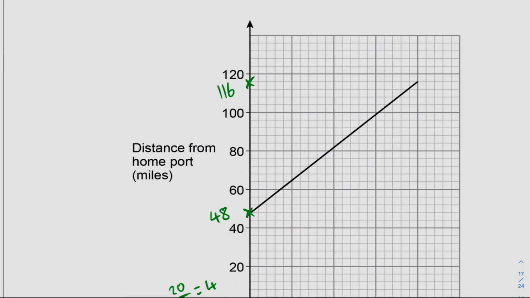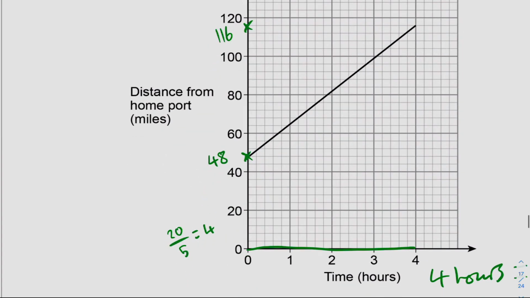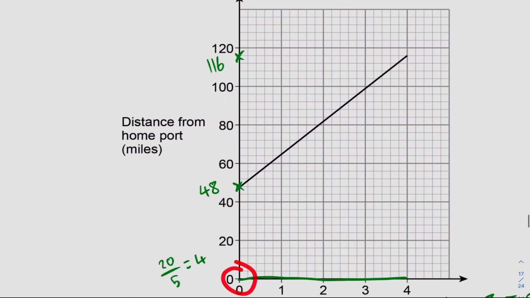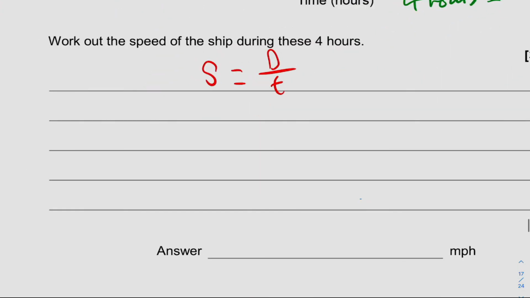So the total distance is our highest number, the distance from its home port, take away our initial number, which is 48, the distance it started at hour 0. So we do 116, take away 48, so we can say that D is equal to 116, take away 48, which is equal to, let me see, 68. Is that right? Yep, 68.